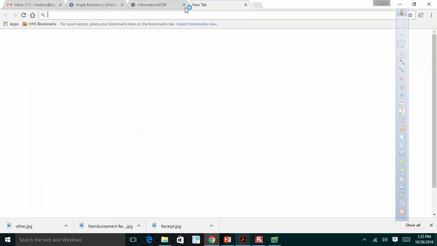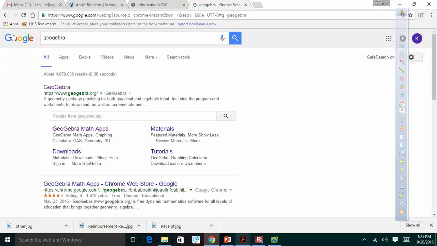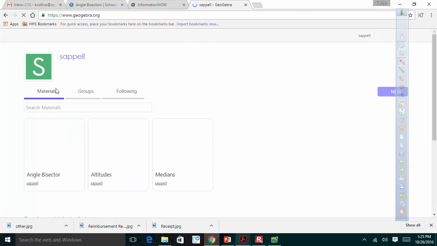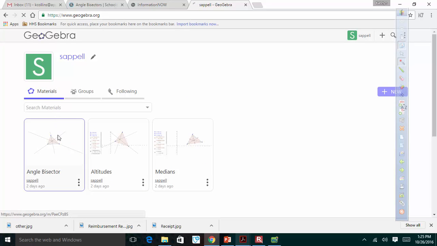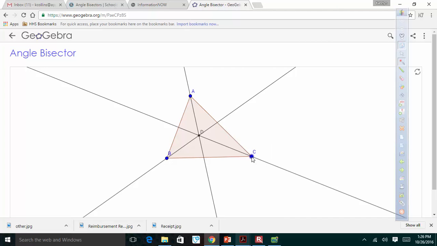Okay, let's real quick go to GeoGebra and we'll actually do the angle bisector. Okay? All right, so here's the actual angle bisector. So there's an acute triangle. It's inside, right? Let's make it obtuse.